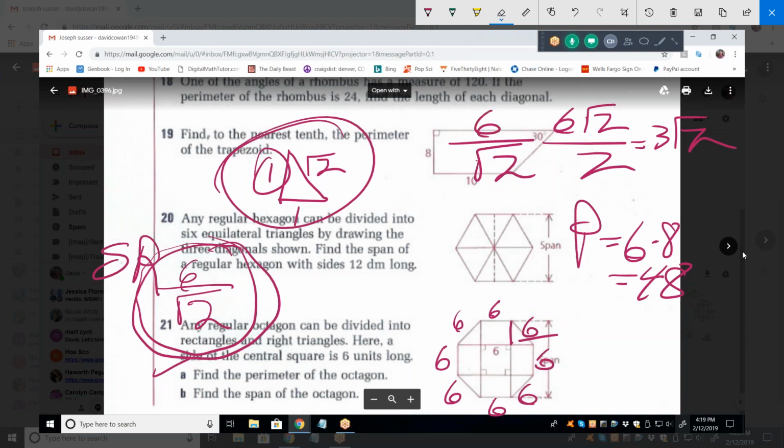That's 6. And that's 3 root 2. So what's the span? 6 root 2 plus 6. Correct. Or 6 plus 6 root 2. I usually put the irrational part second when I have to write something like that.